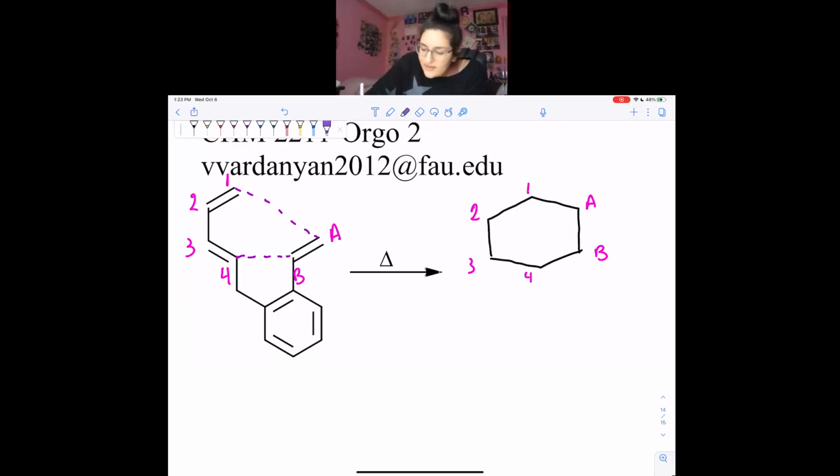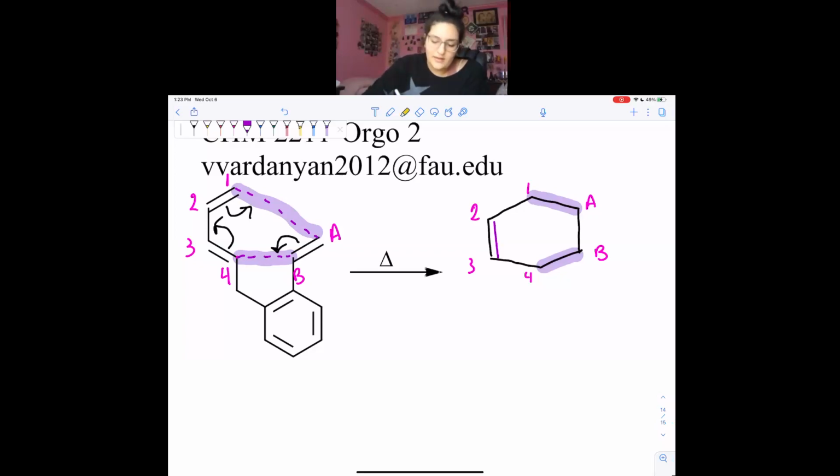So this line is this, this line is this. Once I've reached that point, I also know I'm going to move my electrons around in a circle like this. So we have a double bond between carbon number 2 and carbon number 3.